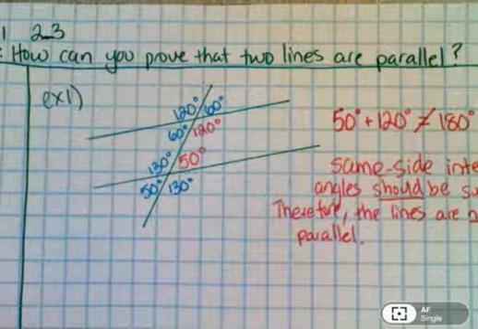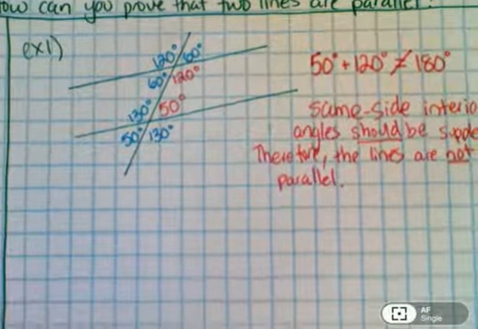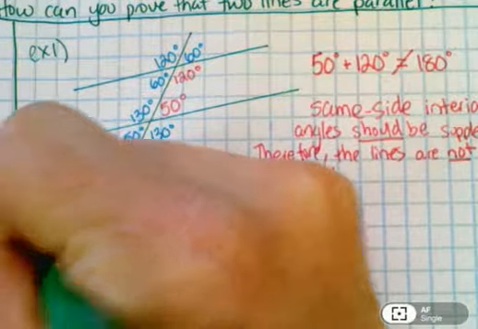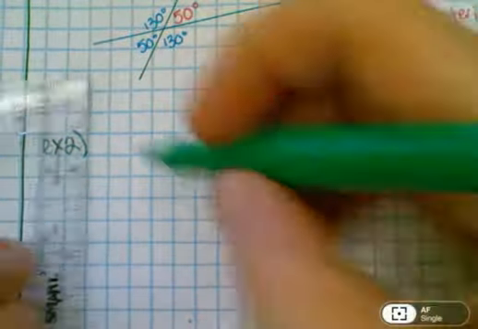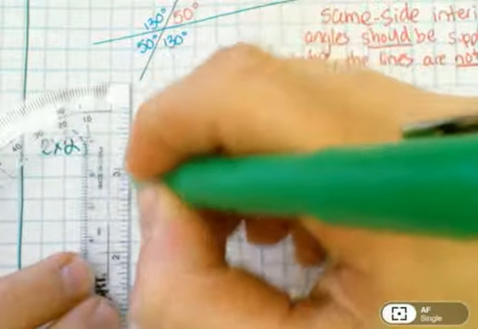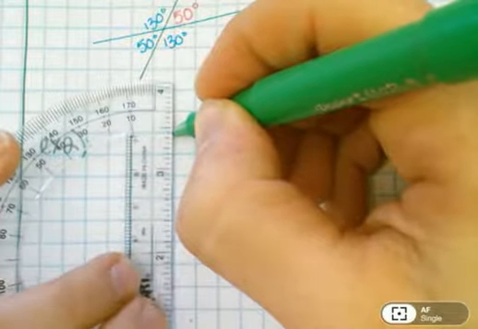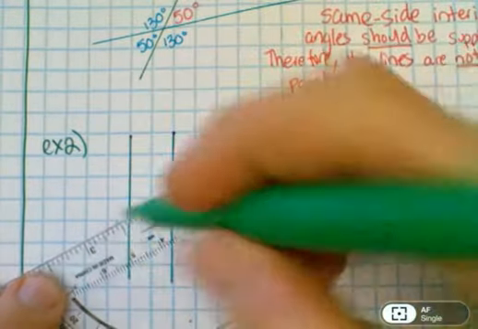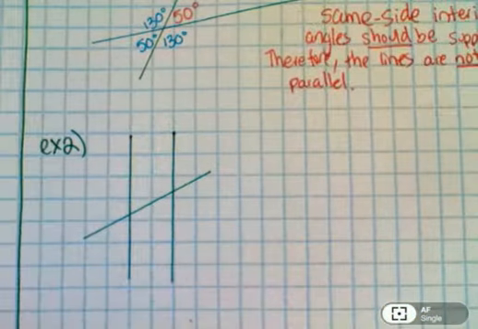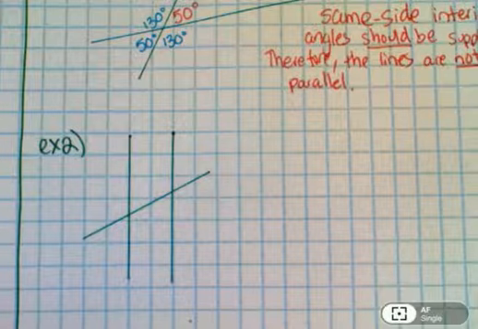Simple enough. And let's look at example 2. I'd like you to draw two vertical lines this time. Maybe they're parallel, maybe they're not, we don't know. Two vertical lines. And then draw a transversal going through them.